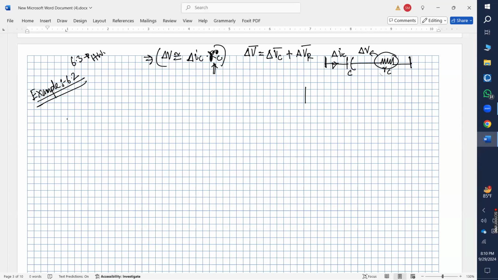But actually, the drop across the capacitor, because it has a large value, the reactance becomes very low, right? So whatever value is being dropped across the total capacitor circuit, this voltage drop will be the key contributor. You got my point, right?